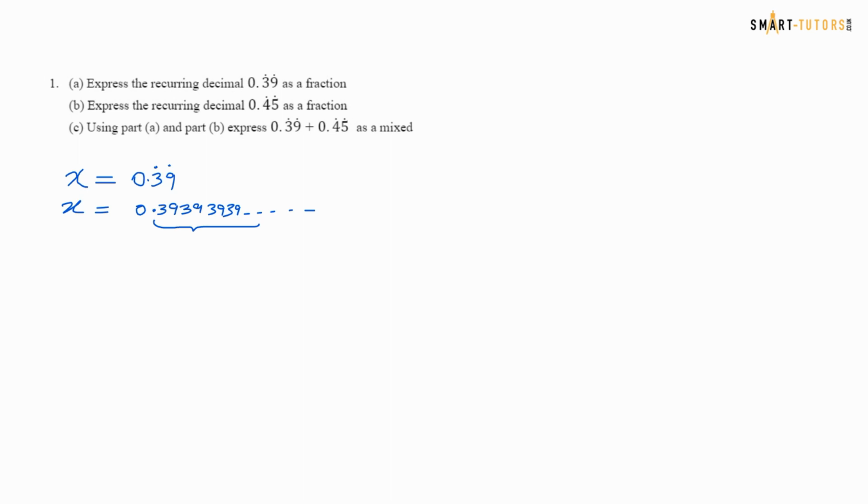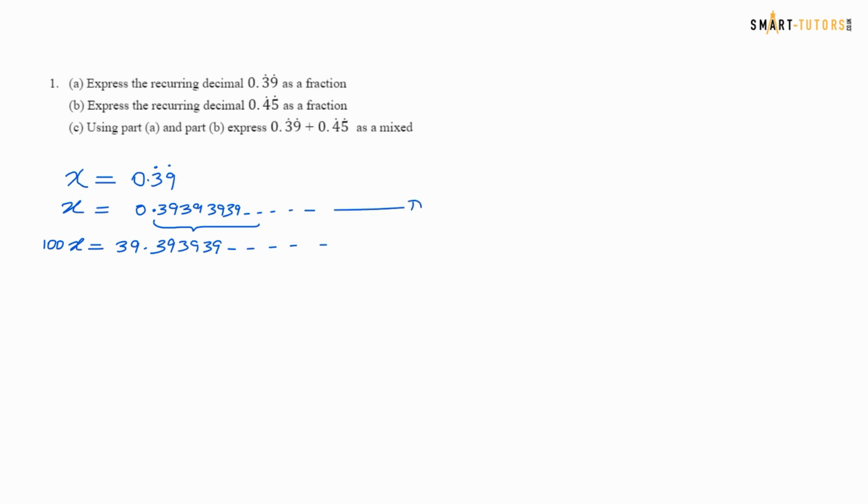That is not the format we want. So I'm going to times it by 100, which is 100x. The decimal point is jumping two places, so 39.3939.